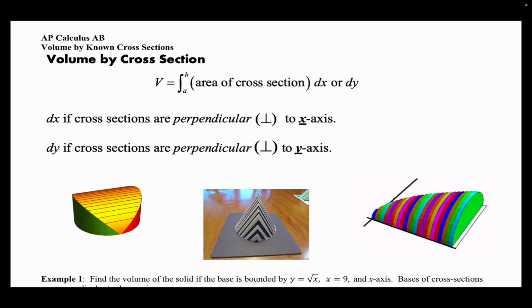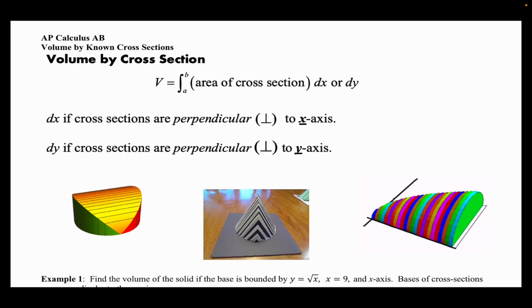This one kind of looks like a loaf of bread. This one's a little easier because they've color coded it. If I were to slice it, I'd have one of those half circles. So the cross section would be a half circle. Once you find the cross section, that's what you're going to find the area of. If the cross section is a rectangle, the area is base times height, or length times width.